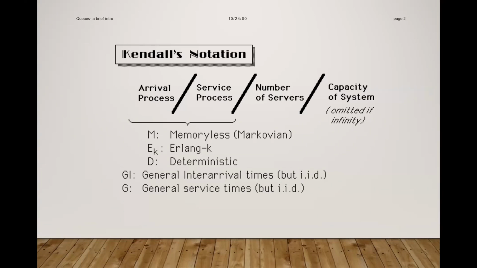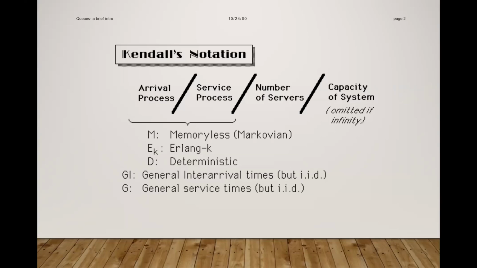The process by which this server accepts customers and releases customers is usually described by the service process. And the last parameter is the number of servers in the system. It can have many servers, at least one.